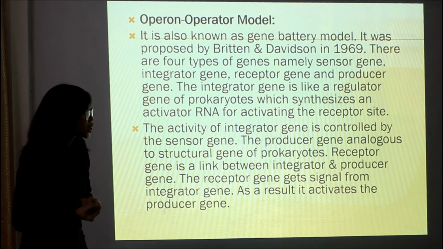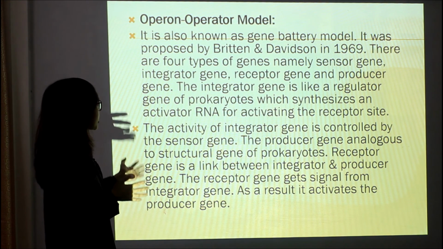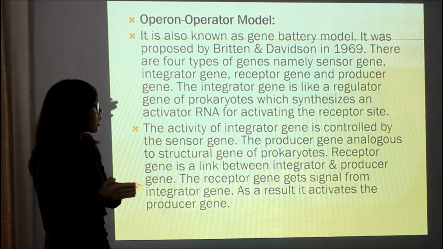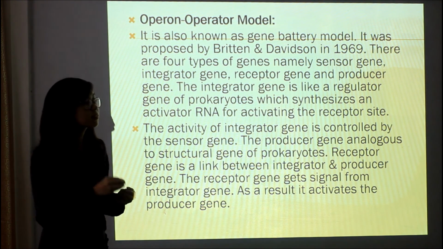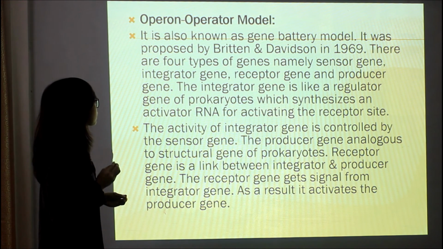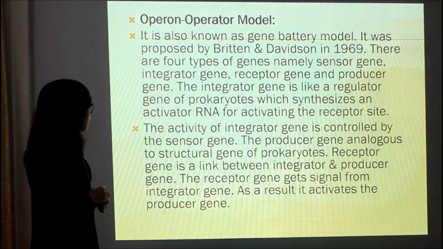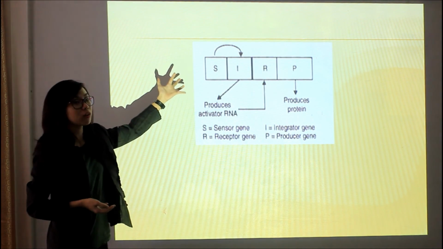The producer gene is analogous to the structural gene of prokaryotes. The receptor gene is a link between integrator and producer gene. The receptor gene gets a signal from the integrator gene. As a result, it activates the producer gene. So these are the sites of genes.